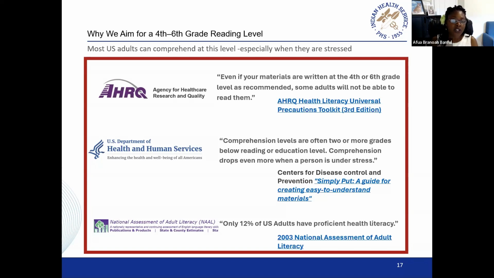And if you add on top of that, someone hearing information that they didn't expect or wish were different, you don't want to go above the 4th to 6th grade reading level, right? I have just gathered some of the resources that all point to this 4th to 6th grade reading level as the guide, right? So AHRQ recommends the 4th to 6th grade, and it also points out that some adults will not be able to read them.